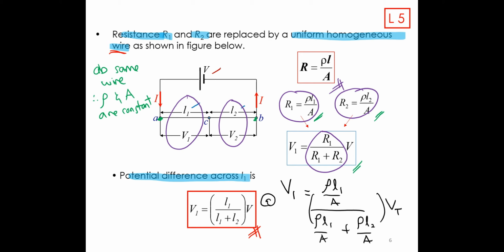Because I mentioned before that you have the same wire, the resistivity and cross-sectional area are constant, so you can cancel out your rho and also your area. Finally, you end up with this equation. Simple. It looks similar to the earlier one, just change your R to L because it is directly proportional.